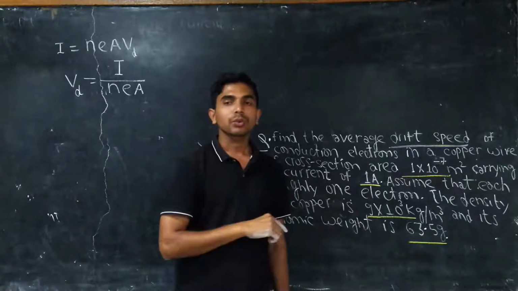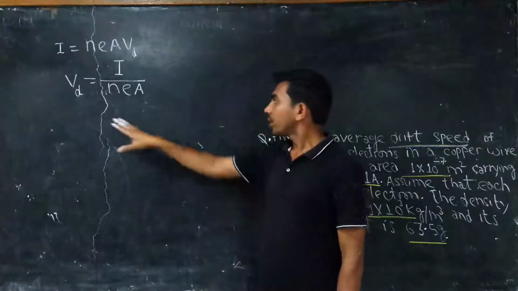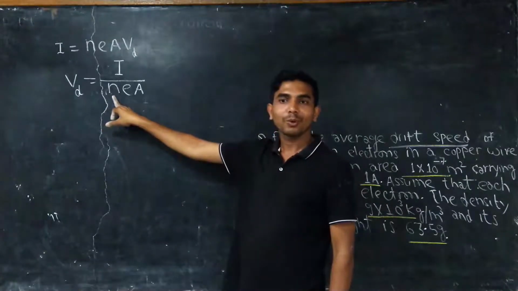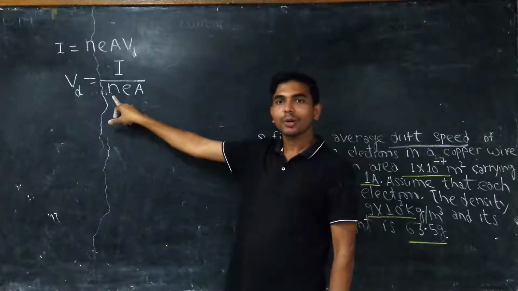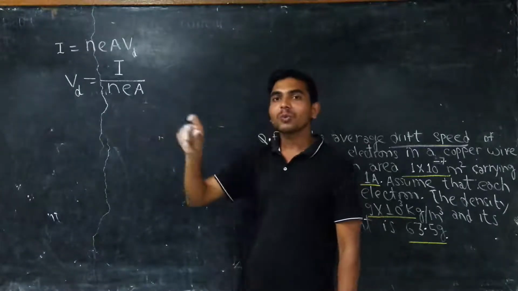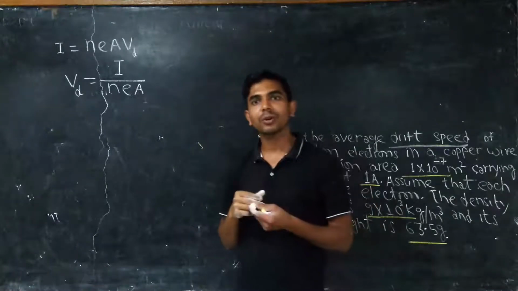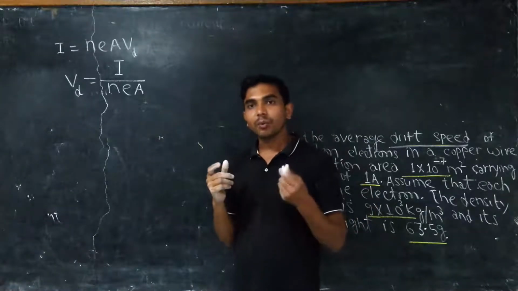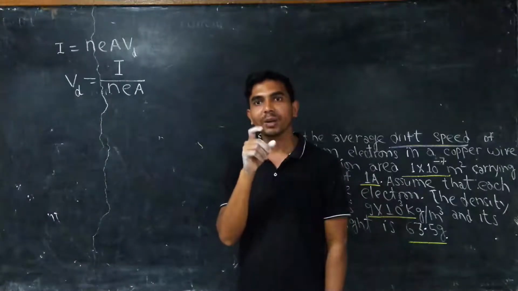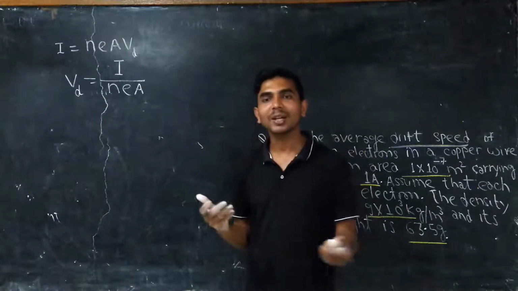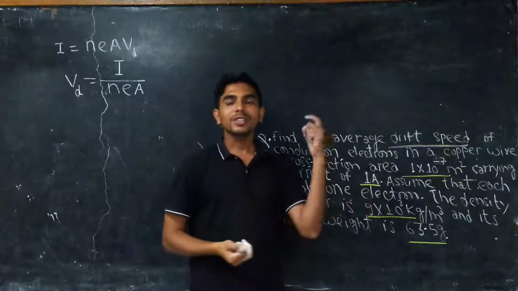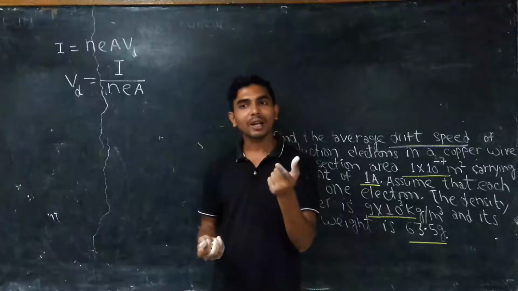So we have to calculate the number of electrons per unit volume. To do that, we have to find the number of atoms per unit volume. Why are we calculating the number of atoms per unit volume? Because they are saying that each atom is contributing one electron.